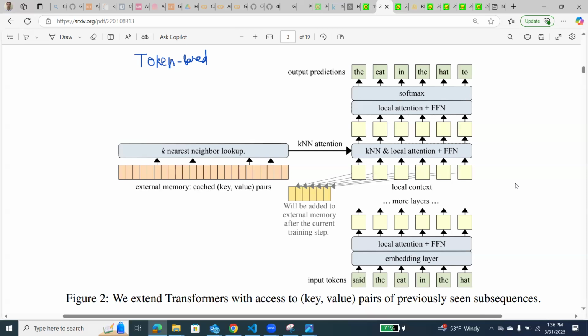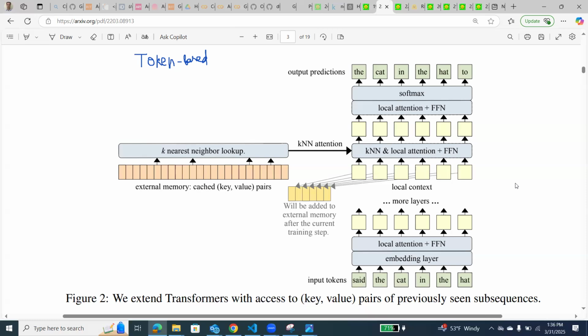So they store only keys and values because queries are used from our prompt, and measure the similarity, it can be just a dot product, between all the stored tokens from previous conversations and our current prompt.